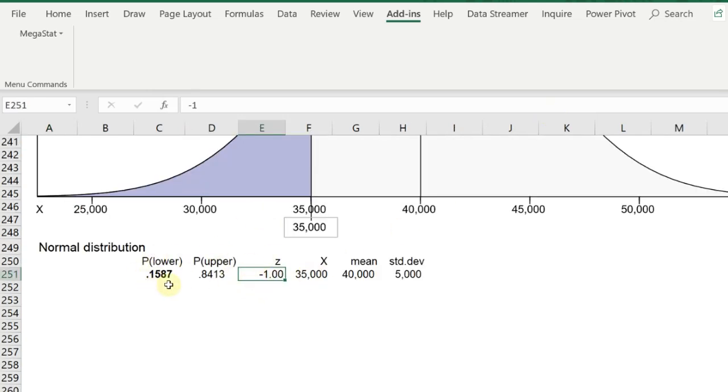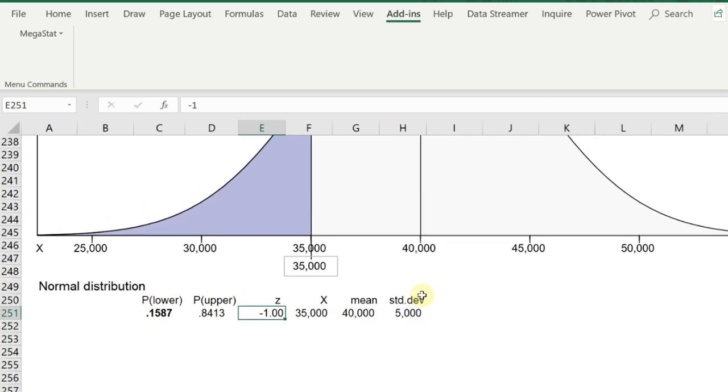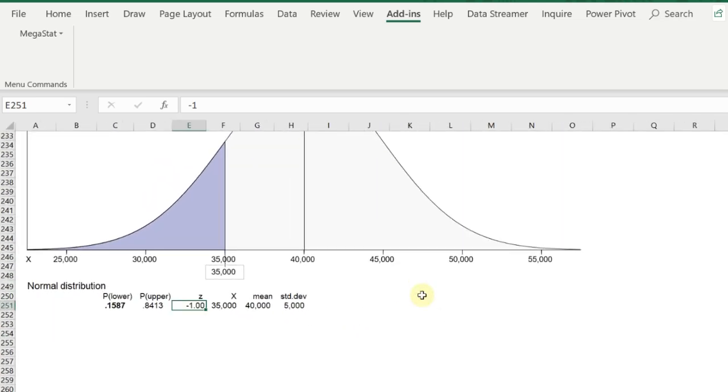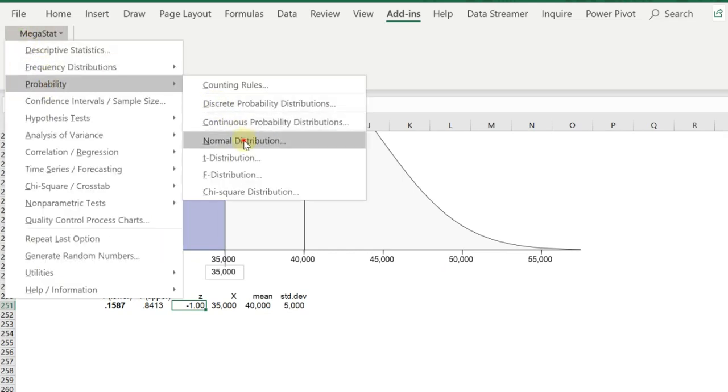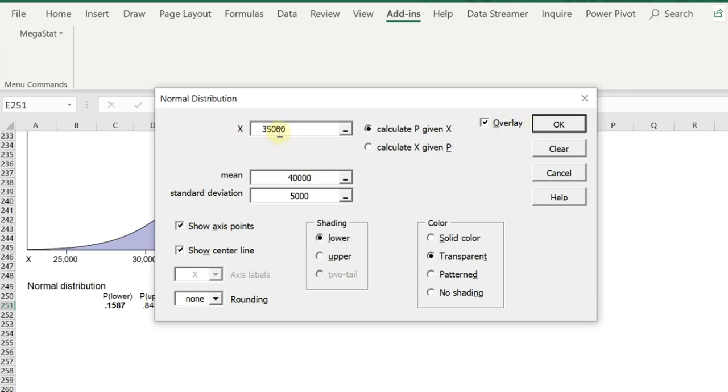And there, this is what I mean by lower. Now we actually put the lower value of x. That was 32,000. We're doing part C of our exercise. Probability, normal, overlay is turned on, and we go 32,000 and change to solid and hit OK.